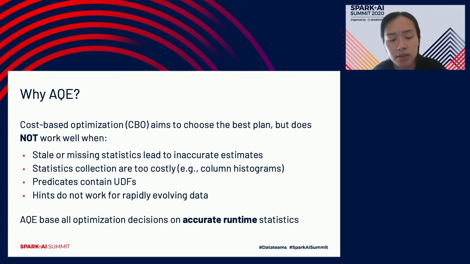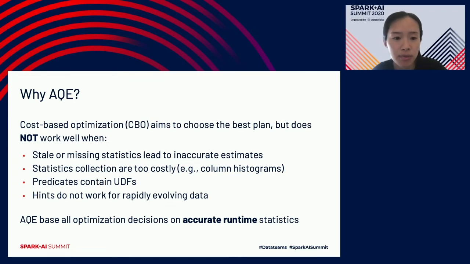But let's say you're fine with all this overhead, or your dataset doesn't change as often. So you always have the most complete and up-to-date stats. Would you be free of all these problems? Unfortunately, no. Some predicates are just hard to estimate using stats.